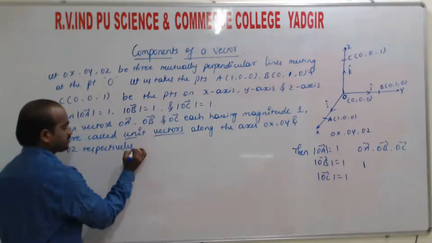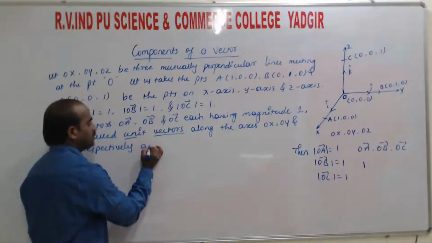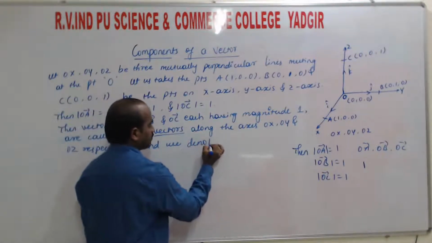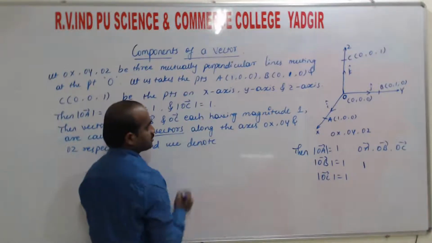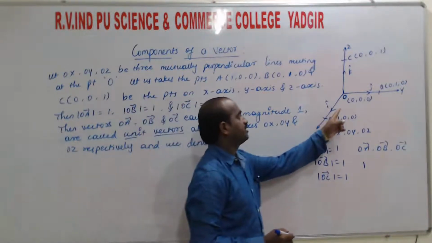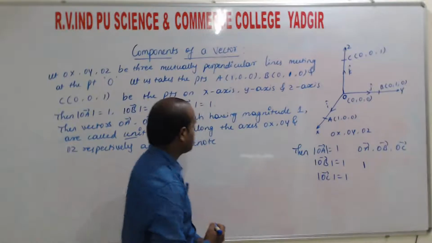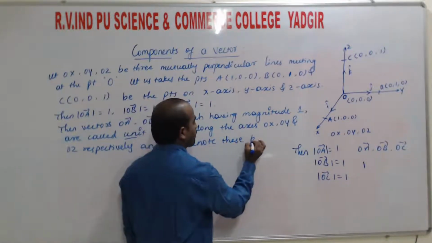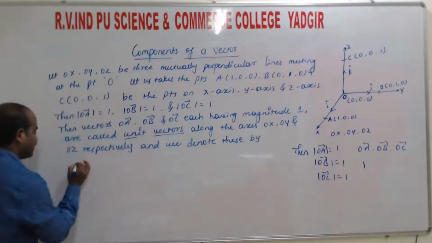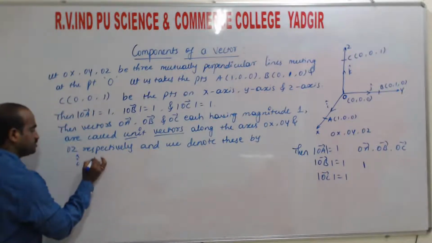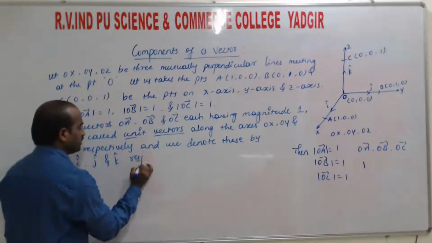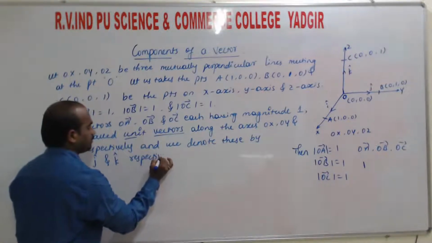We denote these unit vectors by i cap, j cap, and k cap respectively.